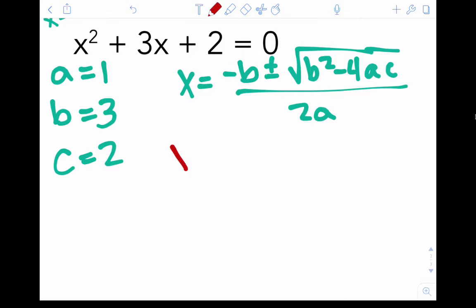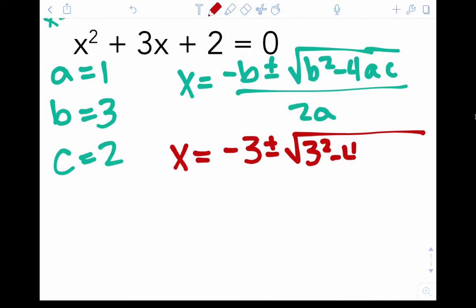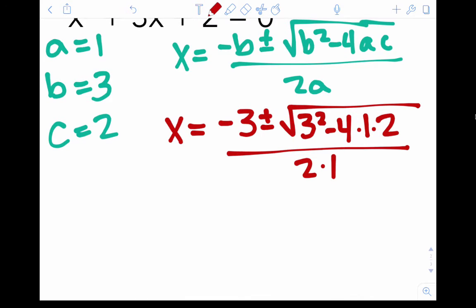Now I'm going to plug my numbers in. So I have x equals negative 3 plus or minus the square root of 3 squared minus 4 times 1 times 2, all over 2 times 1. Now I'm going to simplify this.